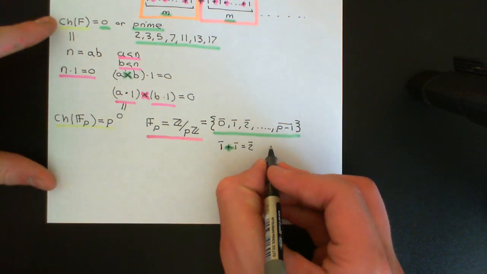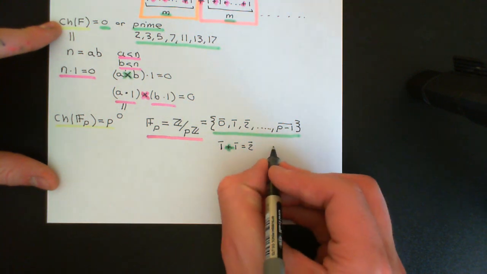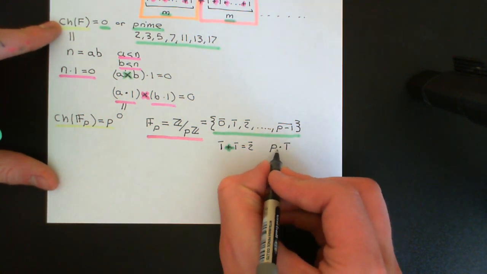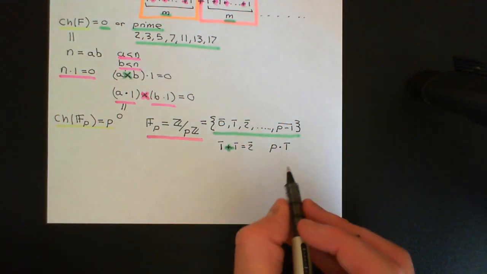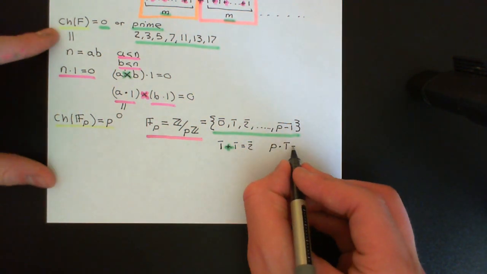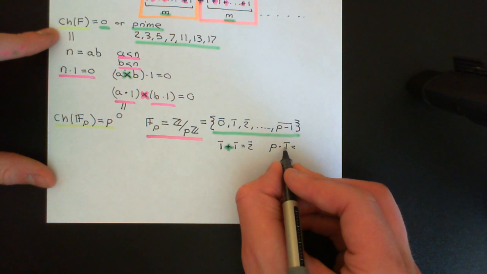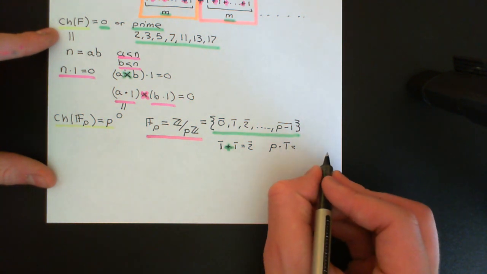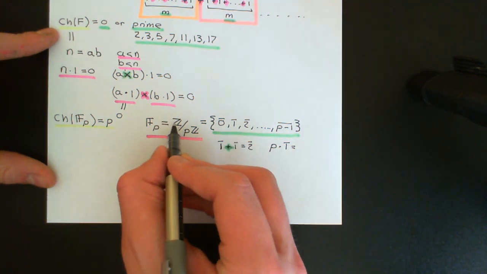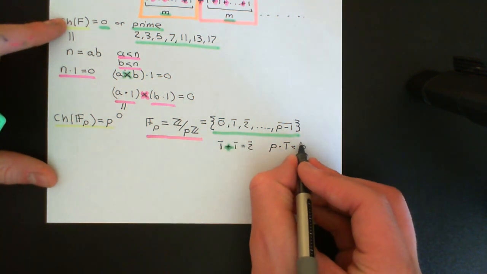Now if we consider adding 1 bar to itself p times, so if we consider p dot 1 bar, and this is why this notation is nice and useful, this means adding 1 bar to itself p times. We'll take a representative from these cosets, we'll take 1, and we'll just add that to itself p times. So we'll end up with p in the ring of integers, and then we'll have to ask which coset contains p.